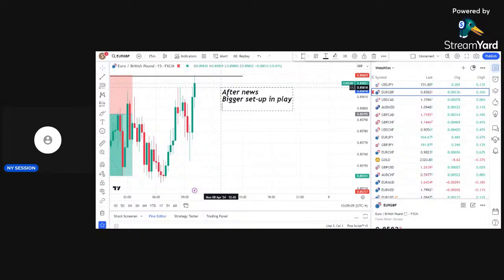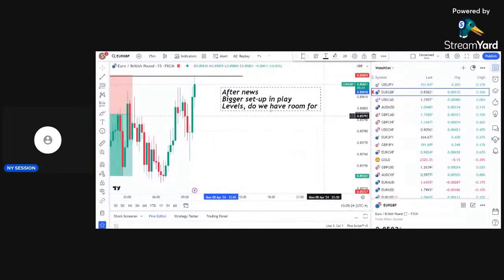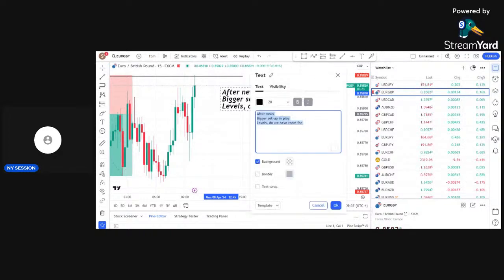And then we are looking at the level. Do we have room for low hanging fruit?